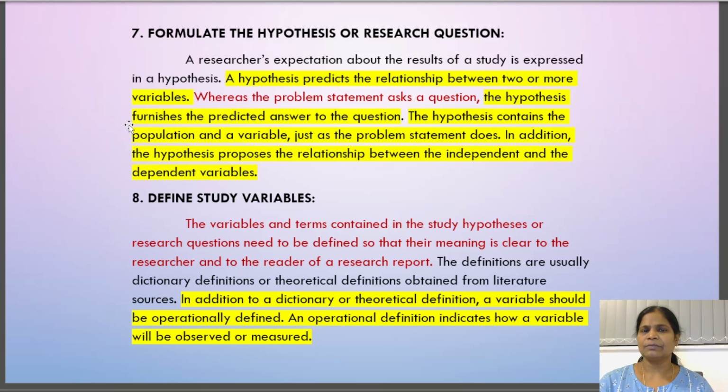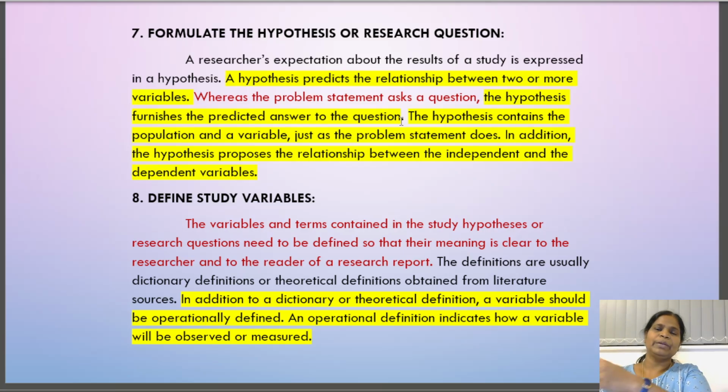Hypothesis furnishes the predicted answer to the question. Null hypothesis says there is no significant relationship between the variables. Research hypothesis furnishes the predicted answer. You have an assumption, okay, that body, mind and spirit are intertwined or interrelated.